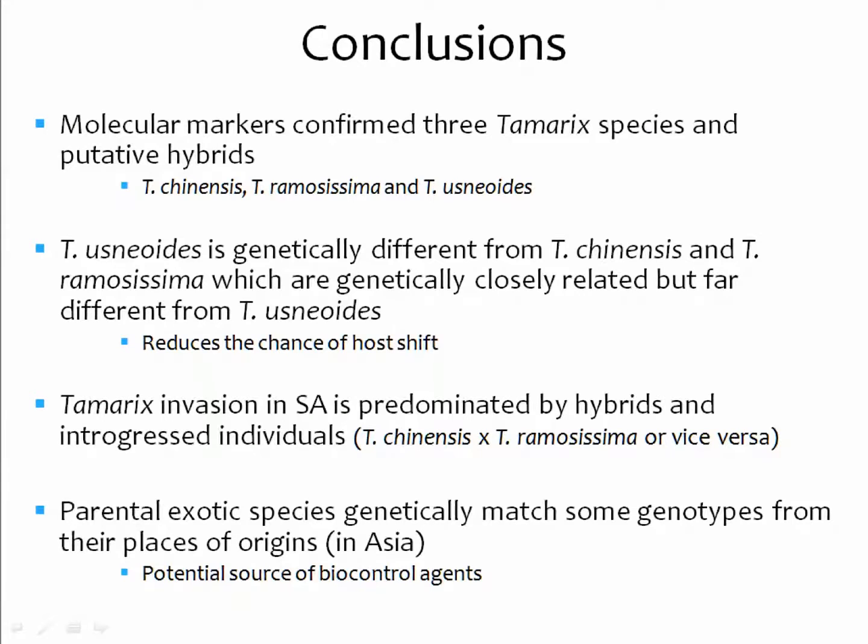Based on that, I just want to conclude and say that the molecular markers that I looked at have given us that we've got only 3 species in South Africa and the hybrids. The genetic differentiation between the exotic and the indigenous species has also been shown, whereby the exotic species are closely related to each other, but different from our indigenous species.